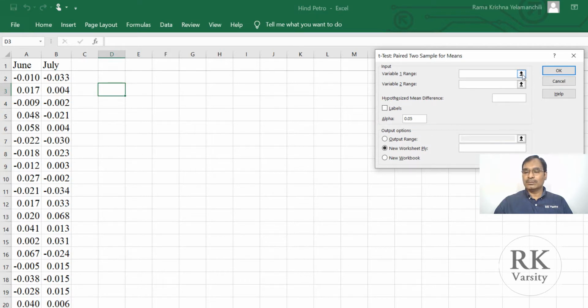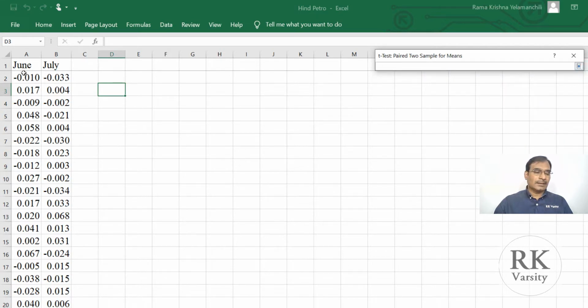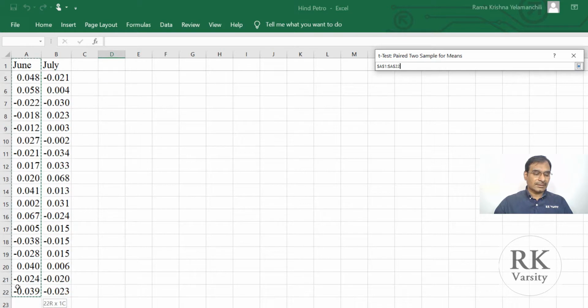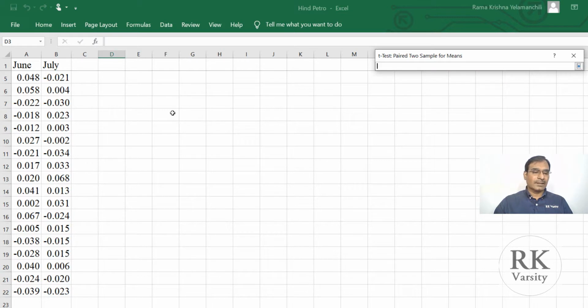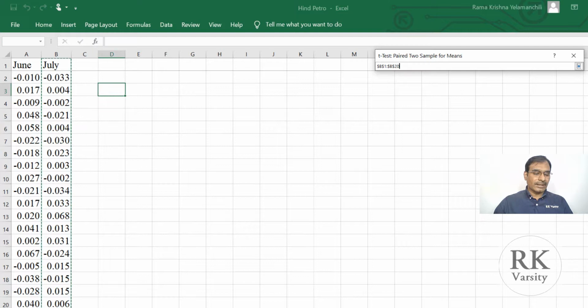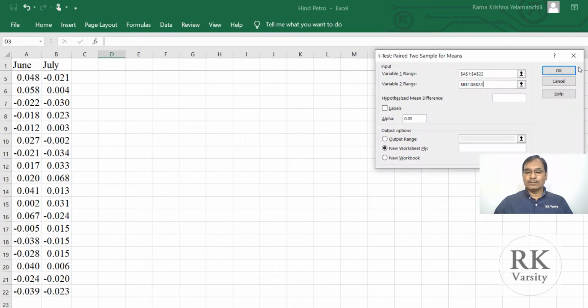Click on the arrow, then select the data for Variable 1, that is for the June month. Then click the down arrow here. Next, Variable 2 Range, click on the up arrow, then select the data from beginning to end. Then click on the down arrow.